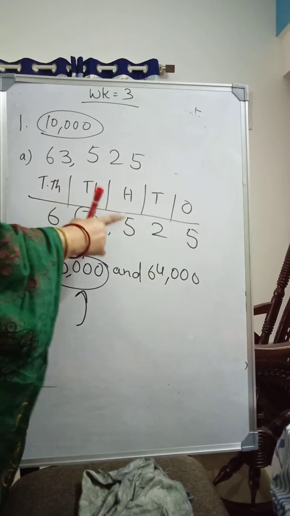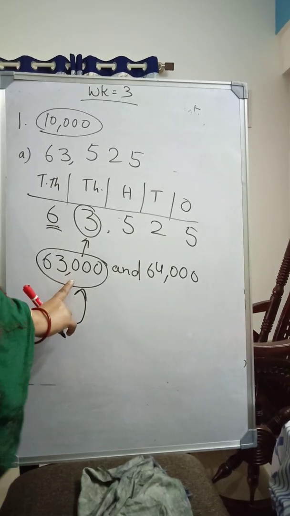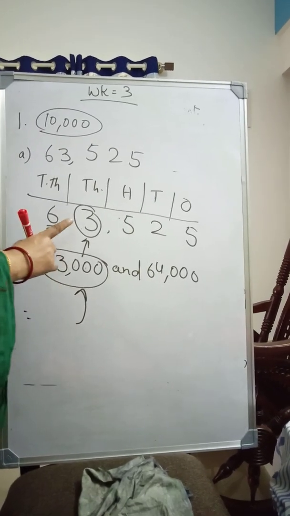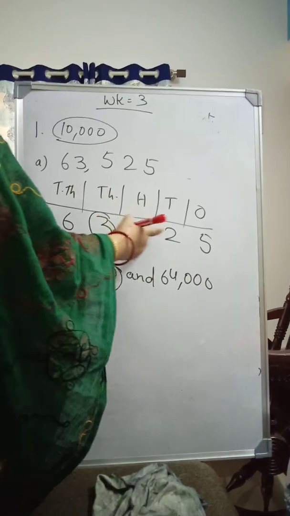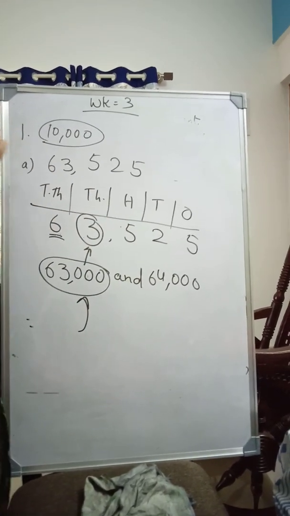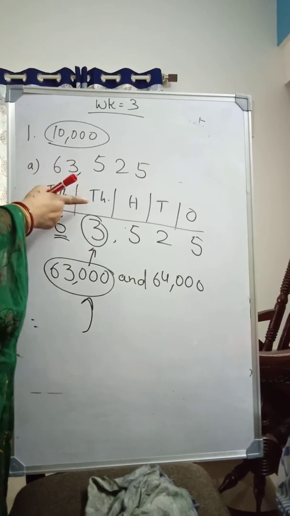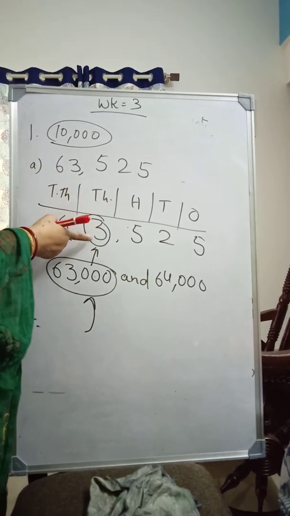This 63,525 is nearer to 63,000. So whenever we have to round off this number 63,525 to the nearest 10,000, we have to look at the digit at the 1,000 place, which is 3.